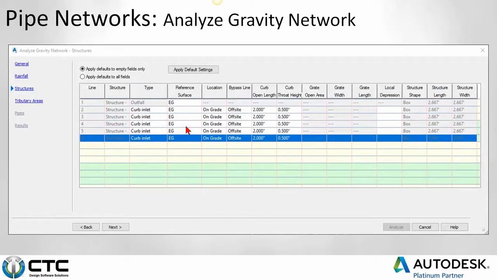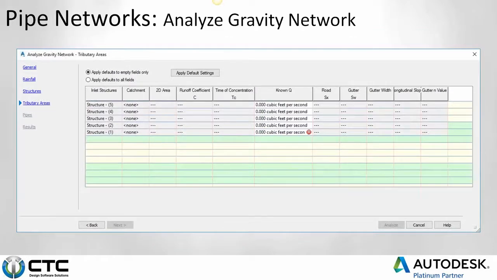What surface are we referencing? It's on grade, bypass, off-site. The curb open length, 2 foot. Throat height. We have all that information in there. So we have the ability to make adjustments to our structures. The tributary areas, we have the ability to make adjustments to there.